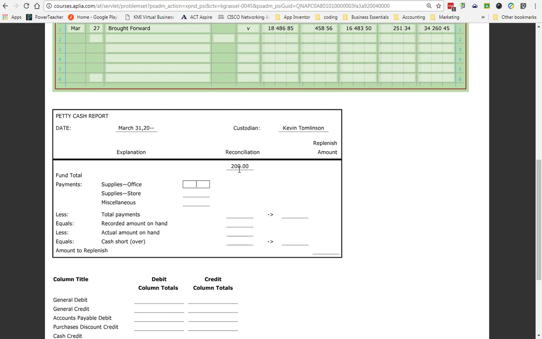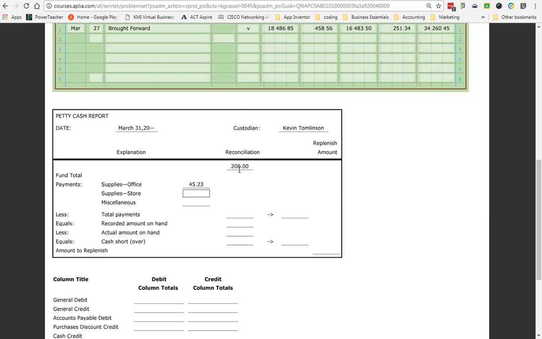Then you can see we have payments, and somebody already filled it in for you, but typically you would have to fill in the headings of what you've purchased. Right here it says supplies, office. If we look at our directions, it tells us that for supplies, office, we spent $45.23. So I'm going to plug that in.